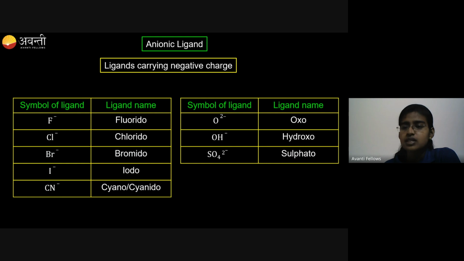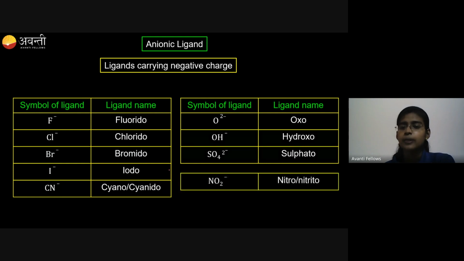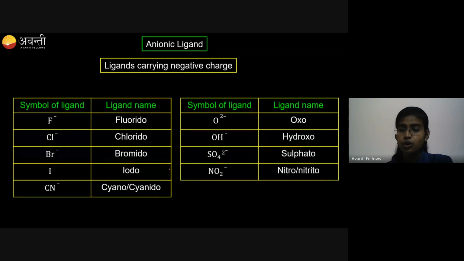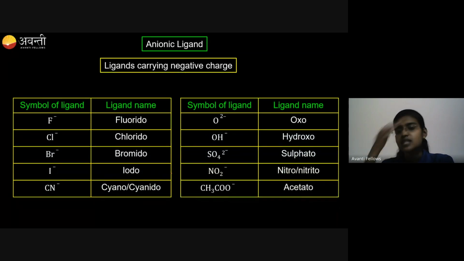SO4 2 minus is sulfato. NO2 minus is nitro or nitrito, you can use either. And CH3COO minus is acetato. These are the negatively charged ligands, which are called anionic ligands.